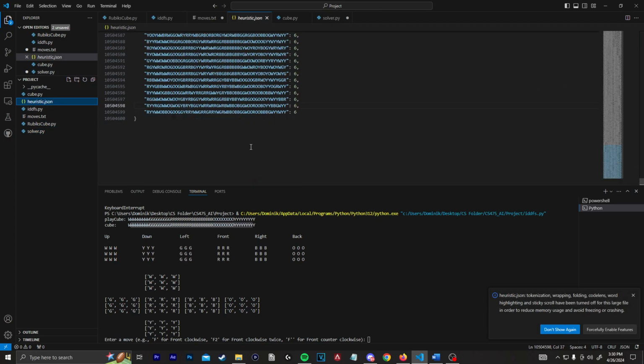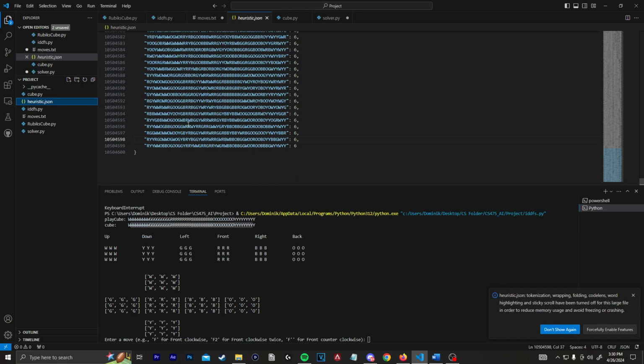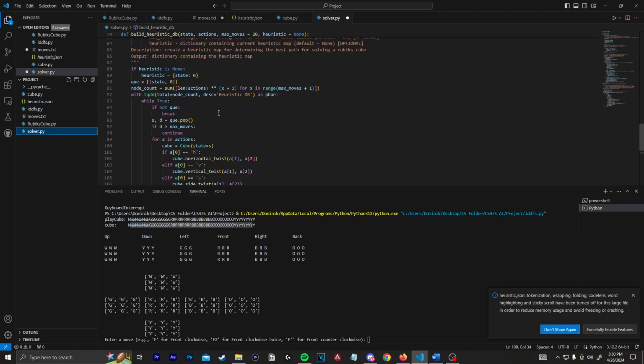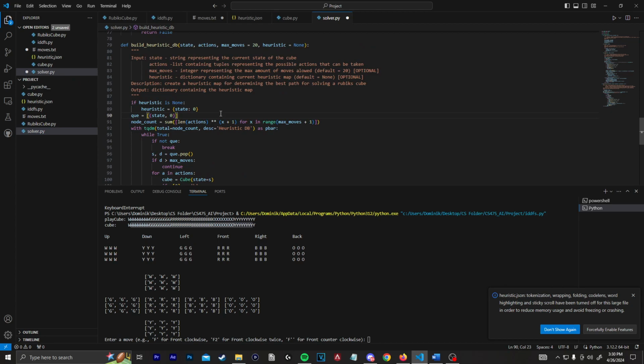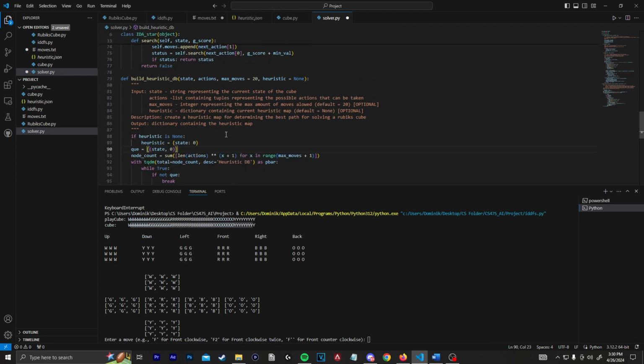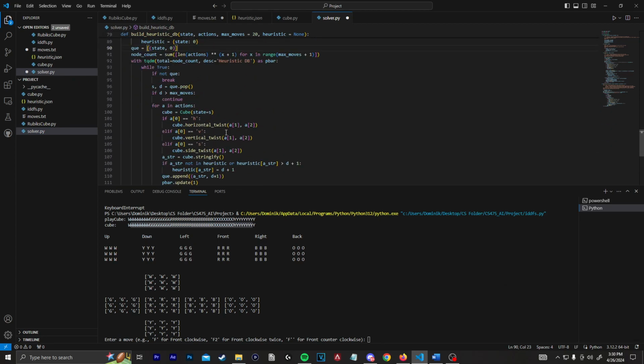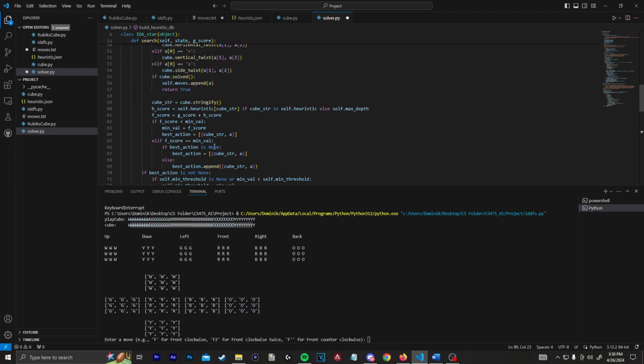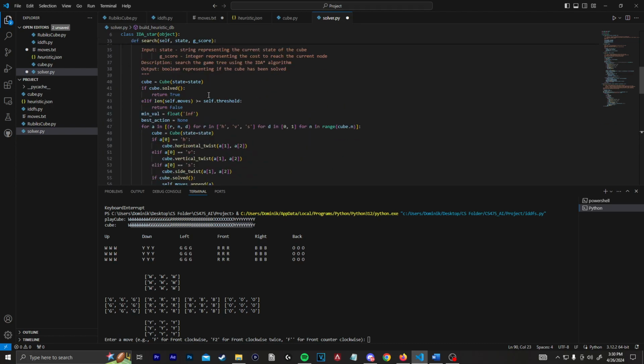It could also be a text file if you want, but this heuristic database, as you can see, has over 10 million lines. It's almost a gig worth of memory. So of course, trying to build a heuristic containing all 20 moves, you'd need a supercomputer from like 500 years in the future. So, search.